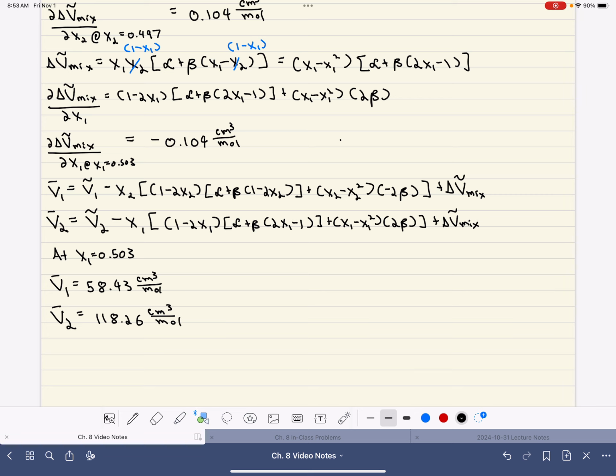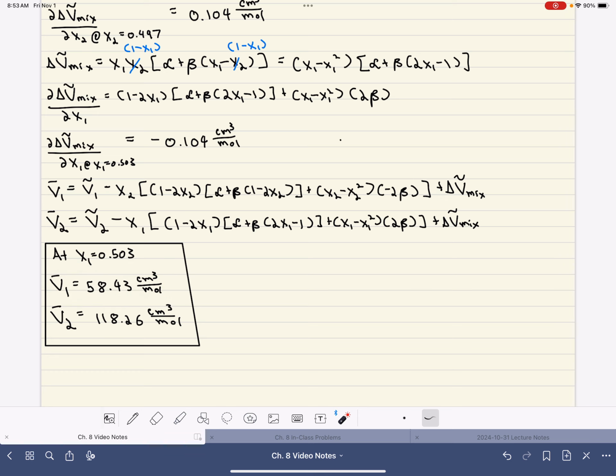Okay. All right. And so we have these partial molar derivatives, and remember, these represent the effective volume of the molecules when they're actually inside the mixture, right?